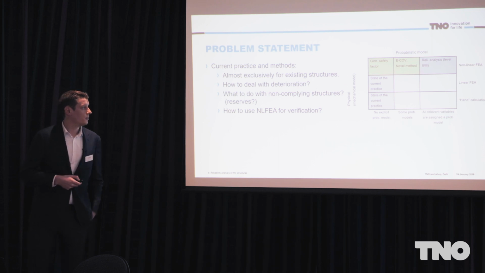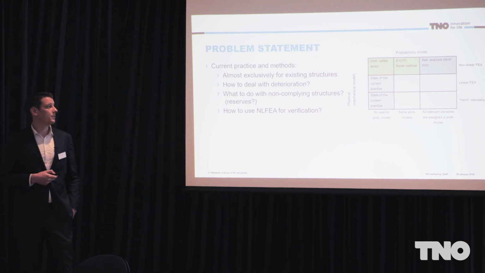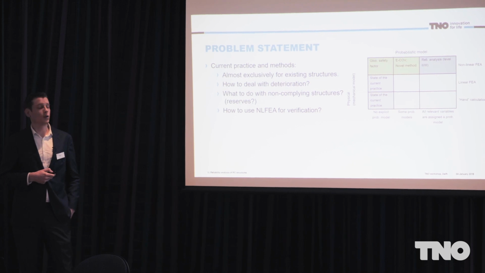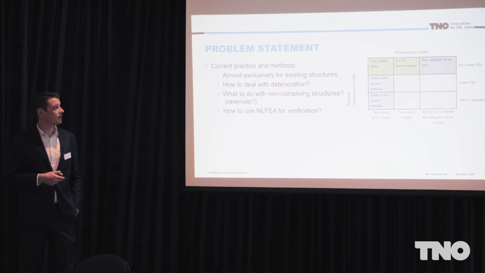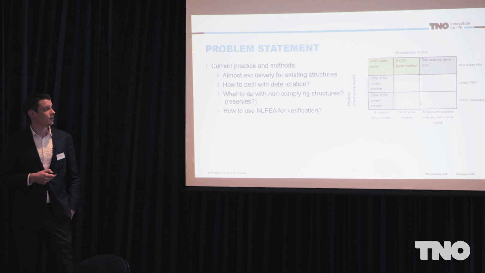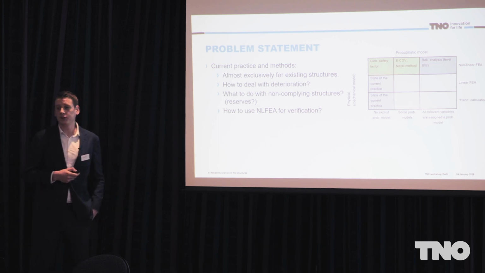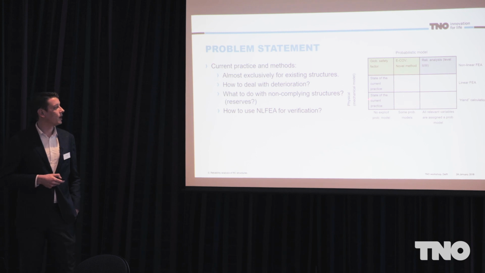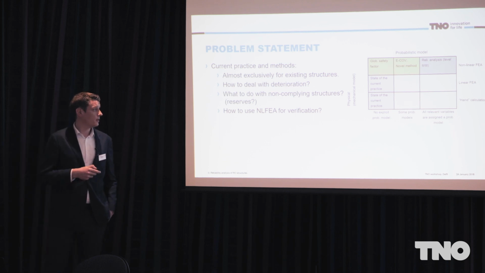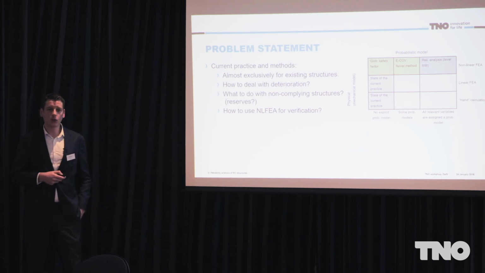One here is using more advanced mechanical representation, physical models for our structures, and the other dimension is to use more advanced, more sophisticated, hopefully more realistic probabilistic representation of material properties and actions. So I put here the current state of practice. So generally we use simplified mechanical models.